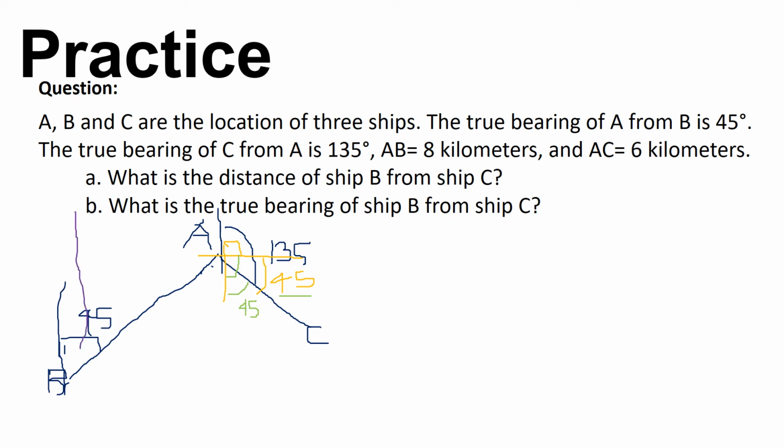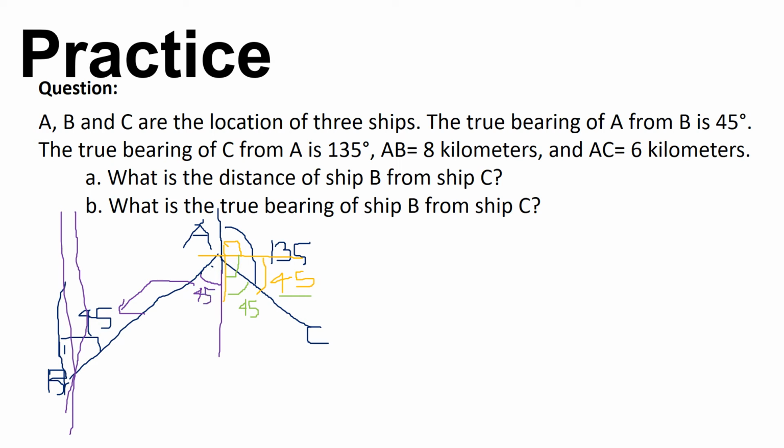Now since these are both parallel, using geometry, this angle is equal to whatever the measure of this angle is. So since this angle is 45 degrees, then this angle is also 45.